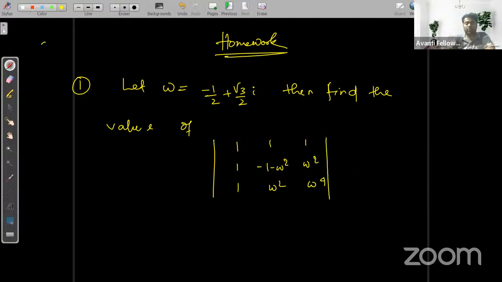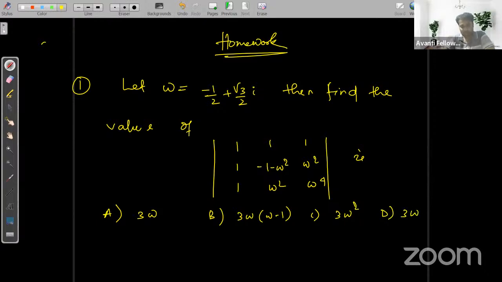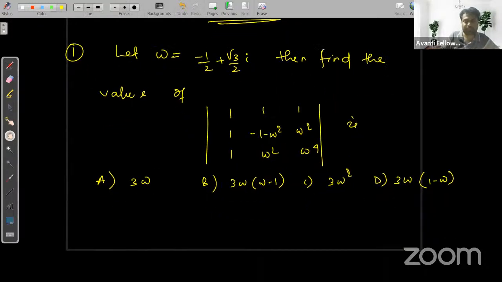Options are given. First is 3 omega, second is 3 omega into omega minus 1, third is 3 omega square, and last one is 3 omega into 1 minus omega. Please note down the homework questions.